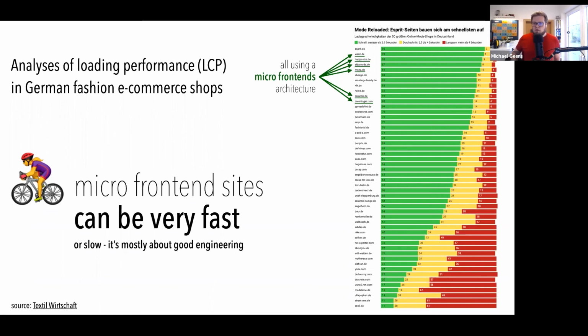The upper four are actually built at the Klingel group, the examples with the many boxes you saw earlier, but there are also a few others in there that are not built by us. So that doesn't prove that microfrontends make your site fast, but it proves that microfrontends sites can be fast, but they can also be slow. It mostly depends on what you're building with it, how you build it, and what decisions you are making.